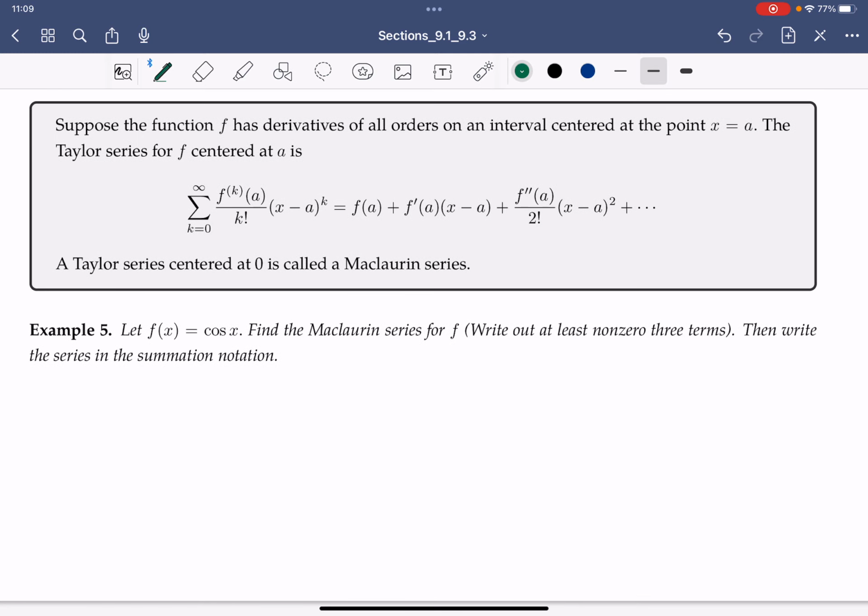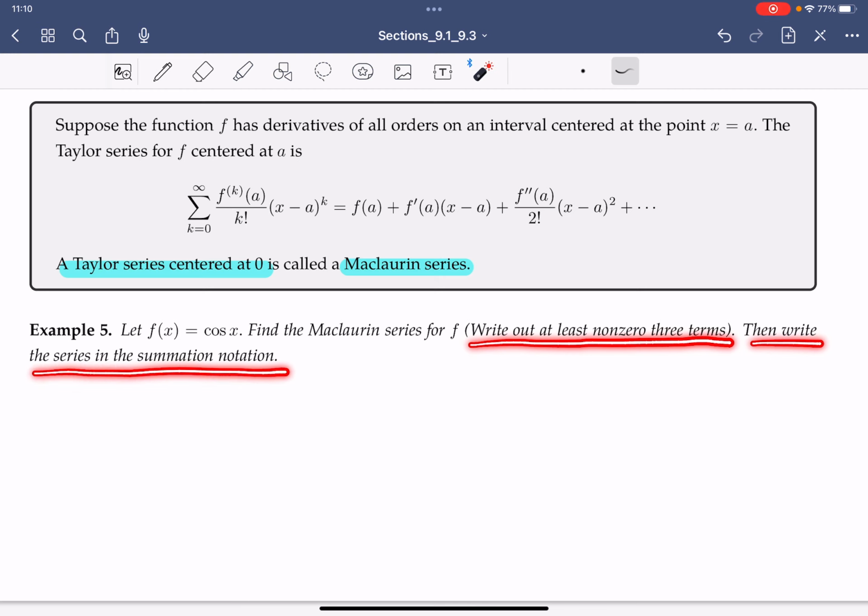Example 5. Let f of x equal cosine x. Can you find the Maclaurin series? The Maclaurin series is the Taylor series, but with the center at 0. Find the Maclaurin series. Write out at least 3 non-zero terms, and then write the series in summation notation.